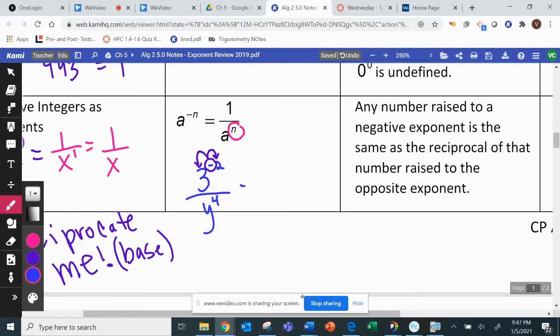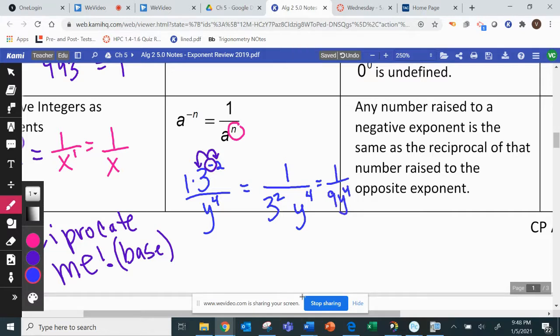So I'm going to move that 3 squared to the bottom. The y to the fourth does not have a negative exponent, so it does not go anywhere. And if I move it down, there's always a multiply by 1 on top, so we leave a 1 on top. And then I can simplify it to 1 over 9y to the fourth.